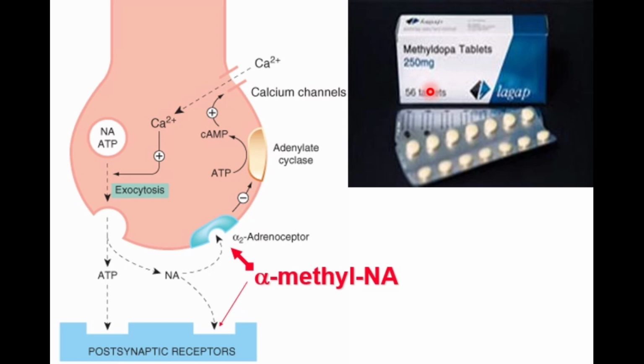Methyldopa has a similar effect on the central nervous system adrenergic neurons, which control blood pressure. The brainstem vasomotor center controls the discharge of neurons innervating blood vessels.